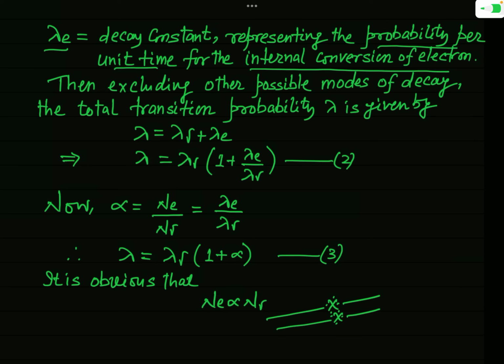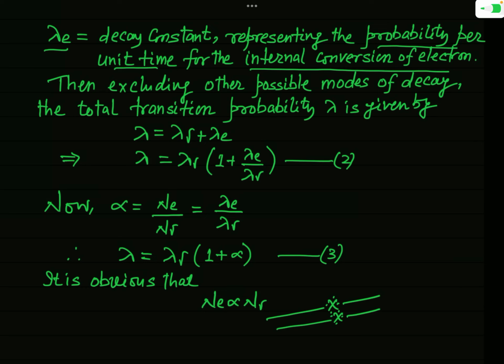As I have told you earlier, not only the gamma decay process and the internal conversion process take place when there is a nuclear transition from a higher energy level to a lower energy level, but there are also other processes. You have seen that there may be pair production, there may be beta decay and so on. But in the concept of this internal conversion coefficient, we consider that only two processes take place: the internal conversion and the gamma decay.